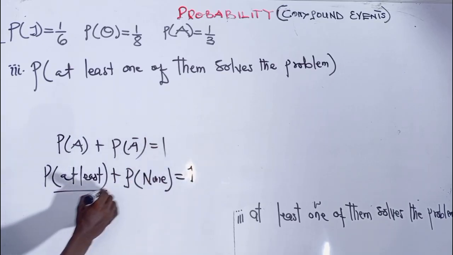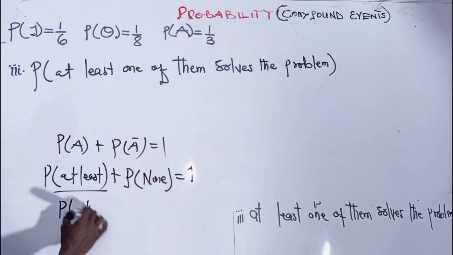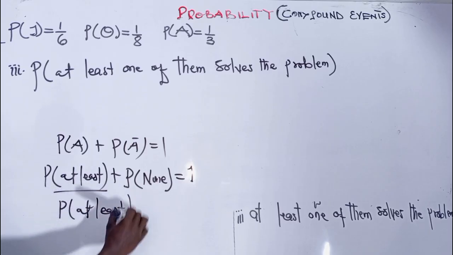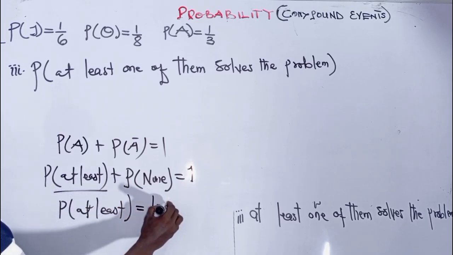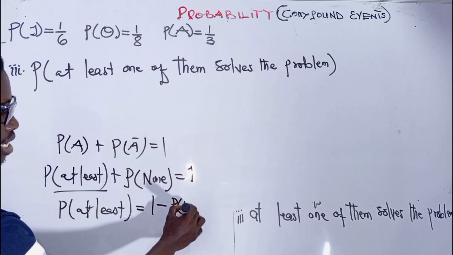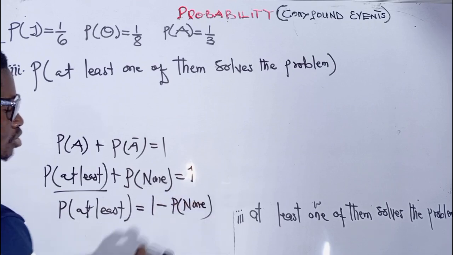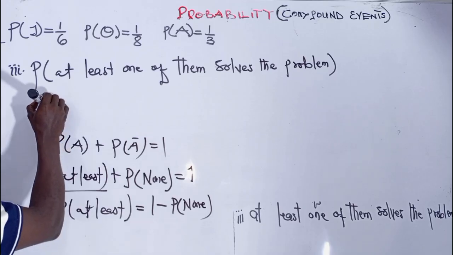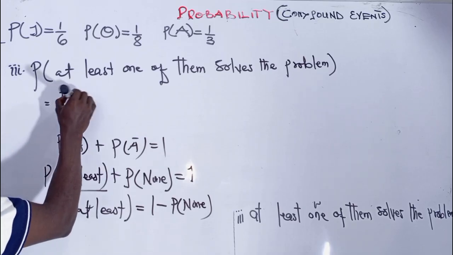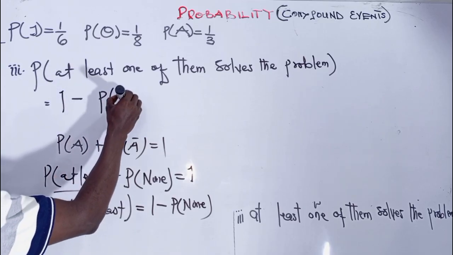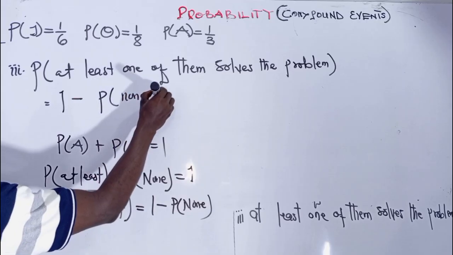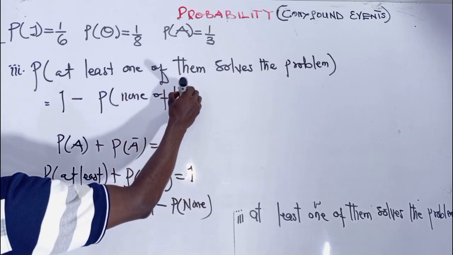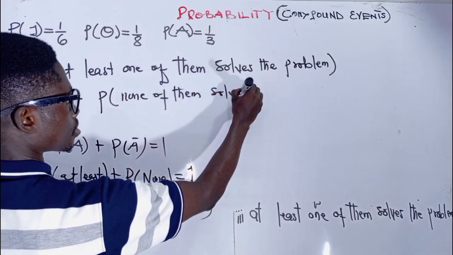So to find this, we are going to have probability that at least one of them solve the problem is equal to 1 minus none. Probability that none of them solves the problem. So to find this, we are going to have 1 minus probability that none of them solves the problem.